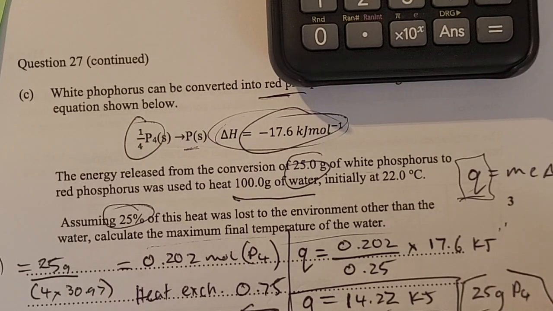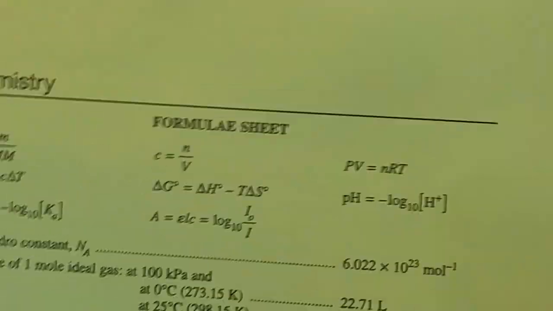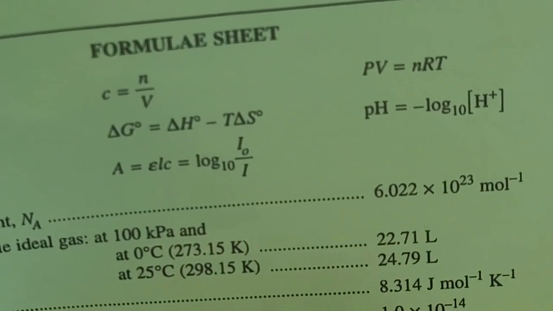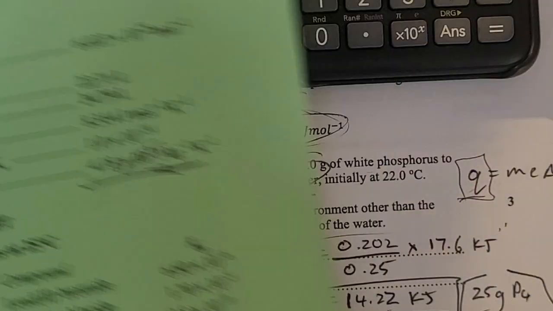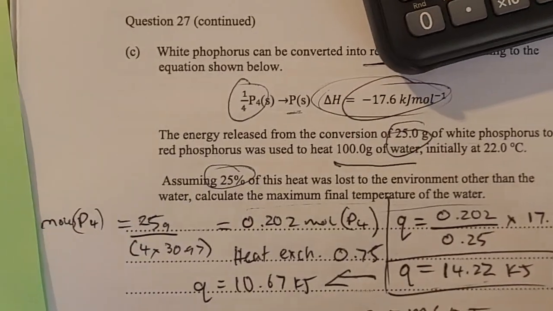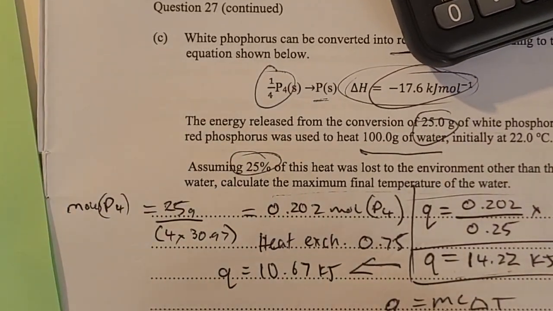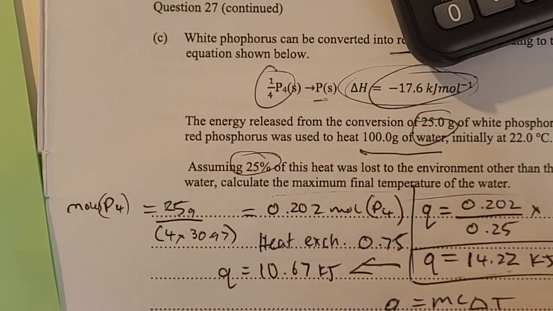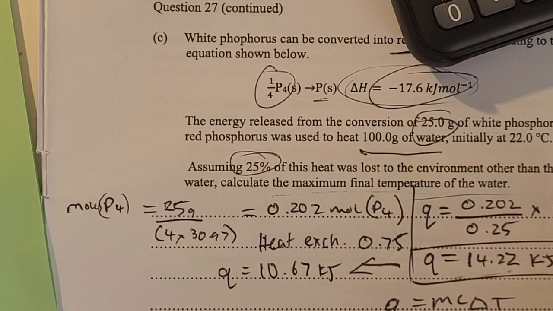Wait a second. I've just noticed it doesn't make sense. It's too small a change. This is in joules, and this is in kilojoules here. So I need to change that to joules.